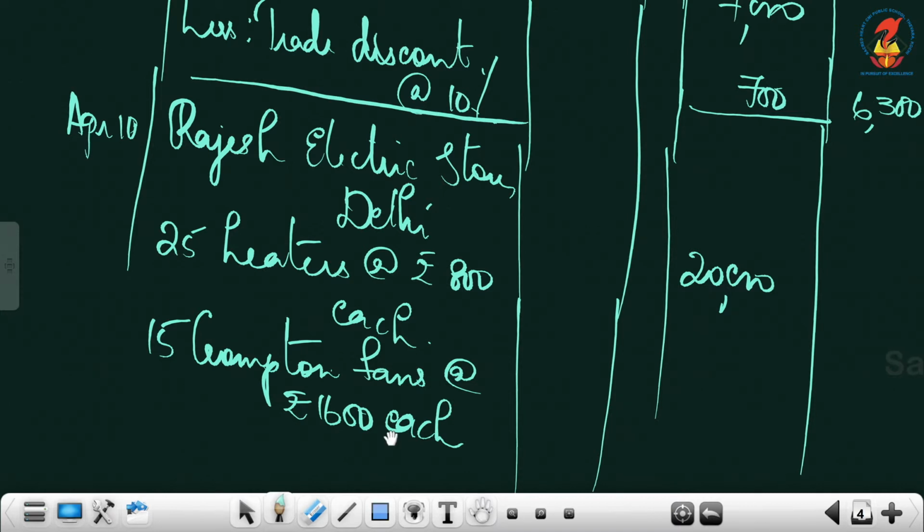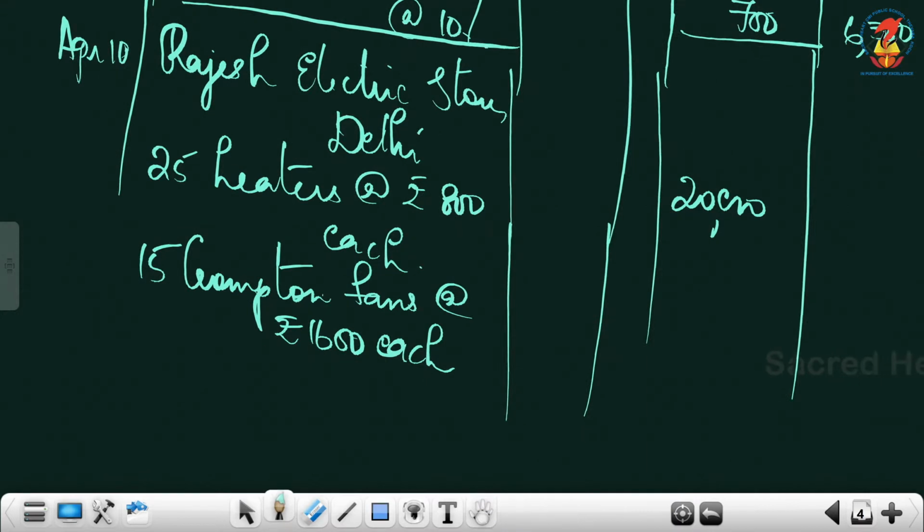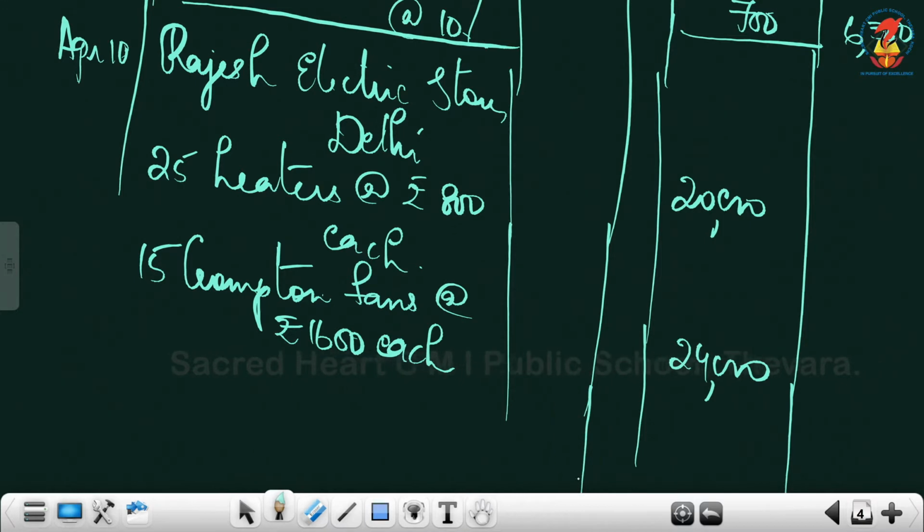There also 10% trade discount is there, but that we will write at last. So 1,600 into 15, it's 24,000. You compute the figures and write. Don't use calculators. This is for you to practice.